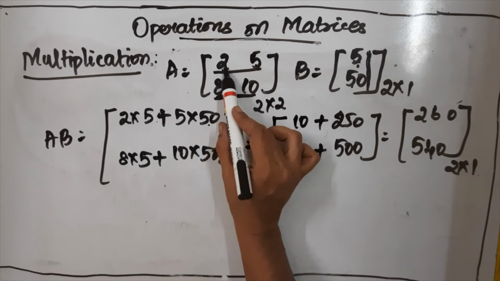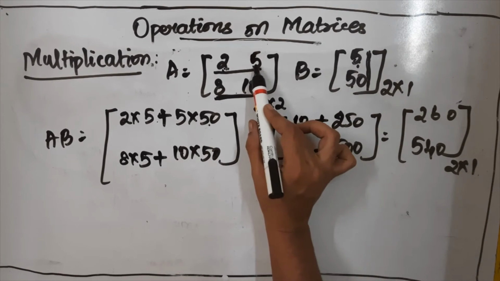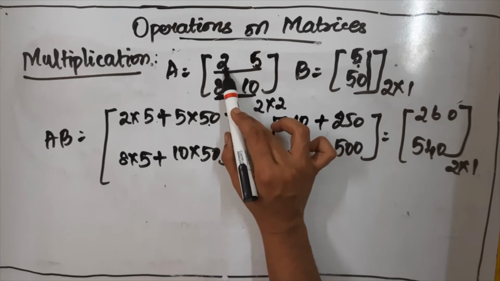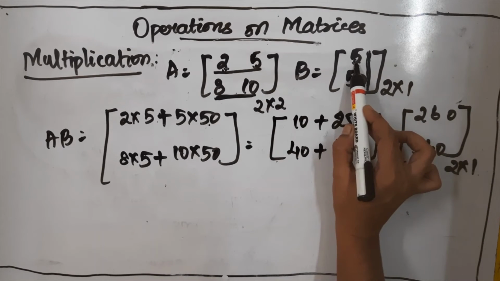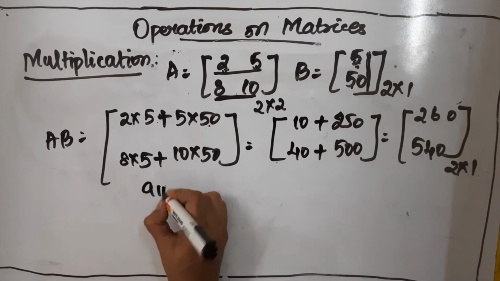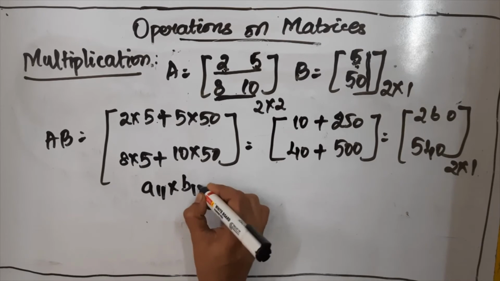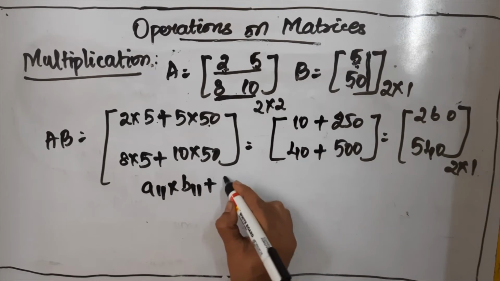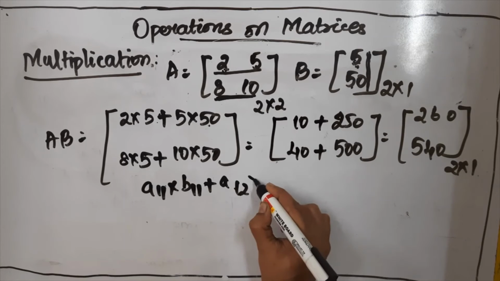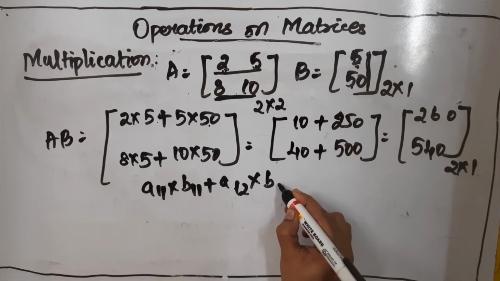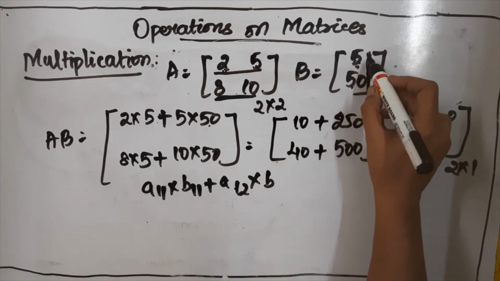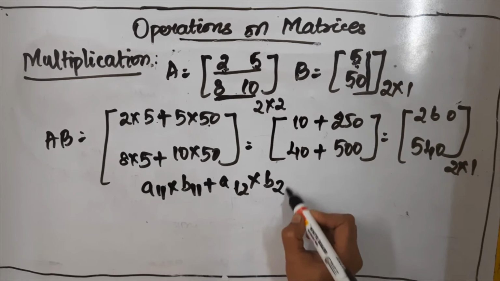First we multiply the first row, first column element with this. Similarly, this is A11 into B11 plus A12 into B21.